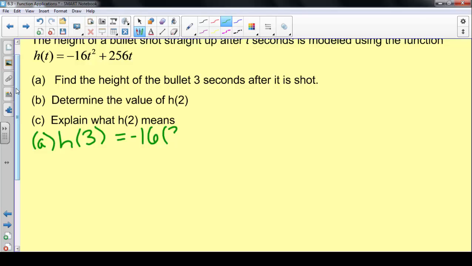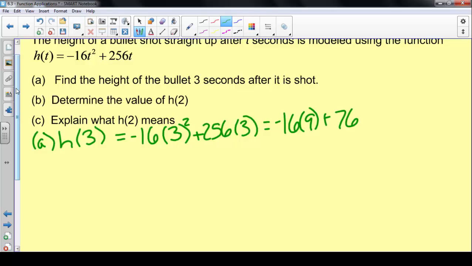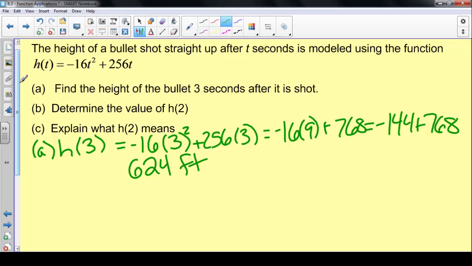So everywhere there's a t, put in a 3. So what we get is 624, and remember it's our height. This is in feet. I forgot to put that up here, but the height is in feet.